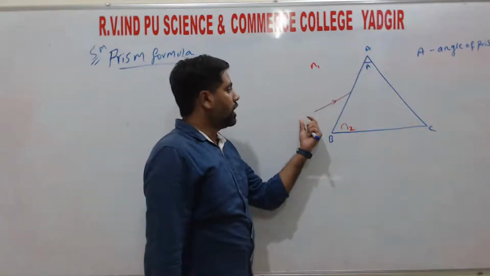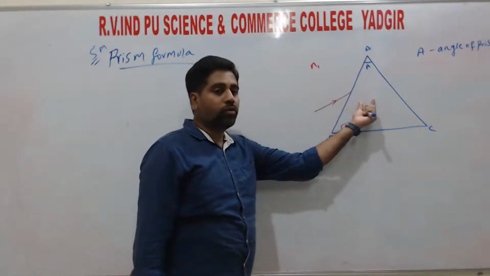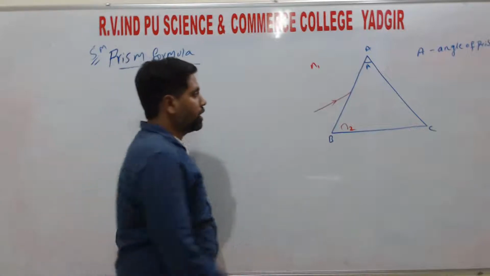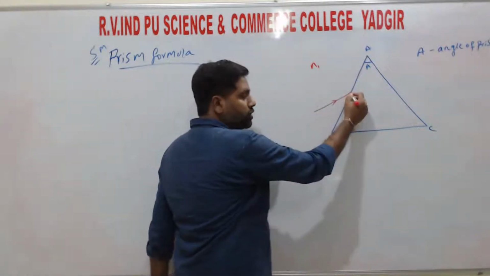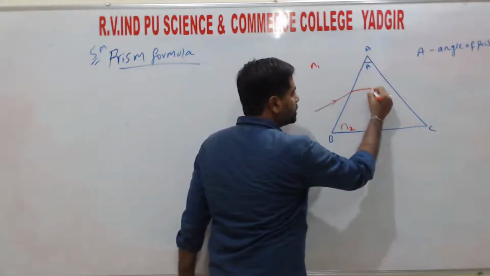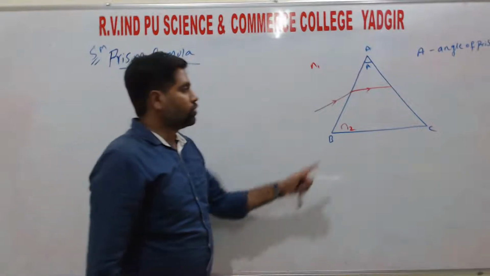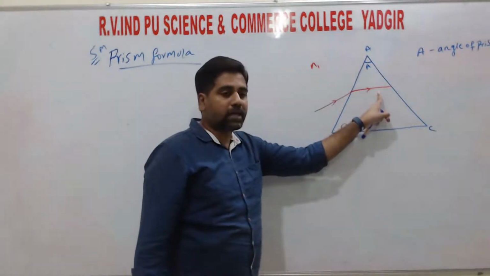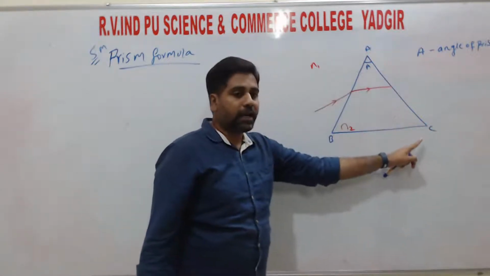As the ray of light travels from the rarer medium to the denser medium, it bends towards the normal. This is the first refracting surface AB; after it falls onto this surface, it gets refracted. This becomes the refracted ray. We call these points P, Q, and R. PQ is the incident ray and QR is the refracted ray. This refracted ray acts as the incident ray for the second refracting surface AC.